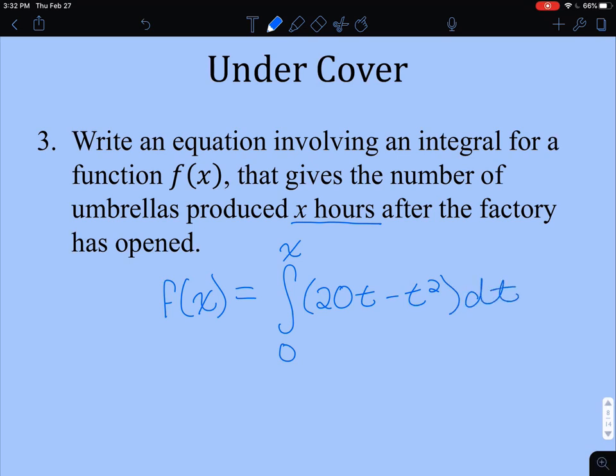The reason we leave it in t is that we're still taking this as a rate of time. There is no time variable in the original function in terms of x. It's given to us in terms of t. X is the number of hours that we're accumulating. So that goes with our integral, not with our function inside, with the integrand and the variable of integration.